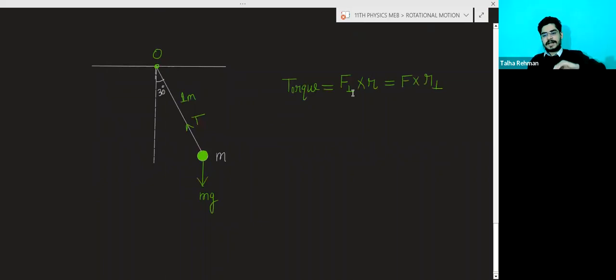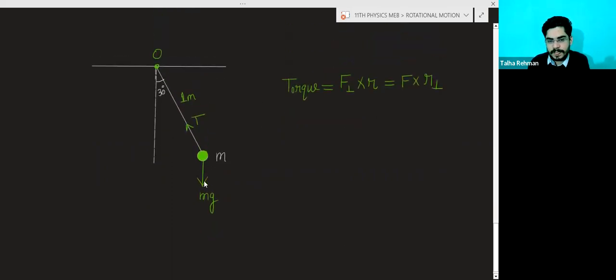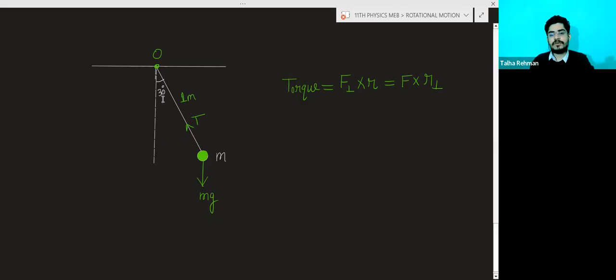We can write perpendicular force multiplied by R. So basically, how will we solve this? This is mg, the direction of the force. Now take the perpendicular distance of this force from the axis of rotation.